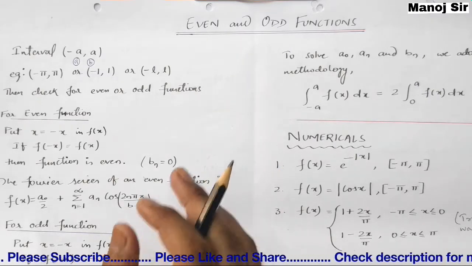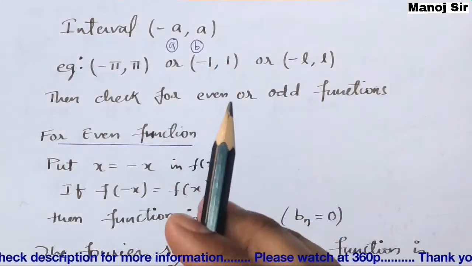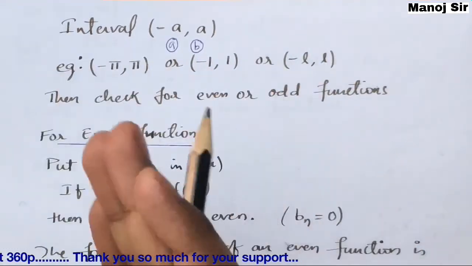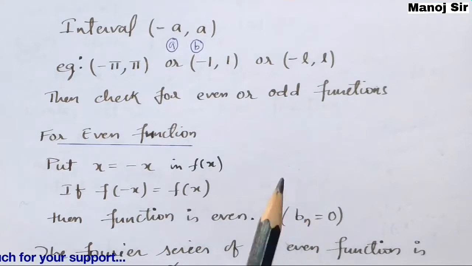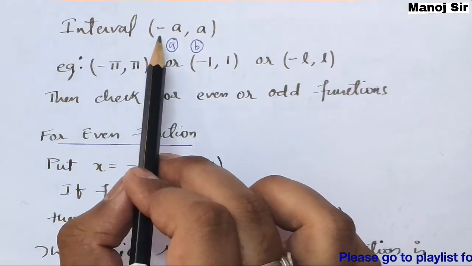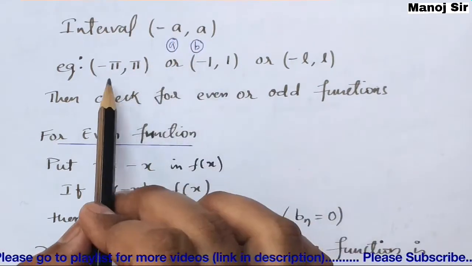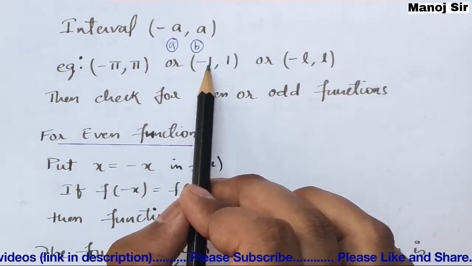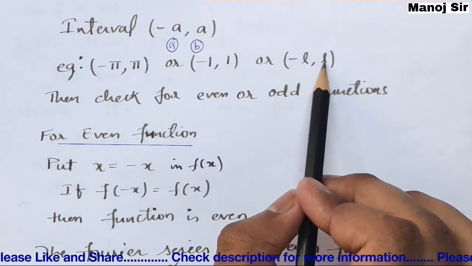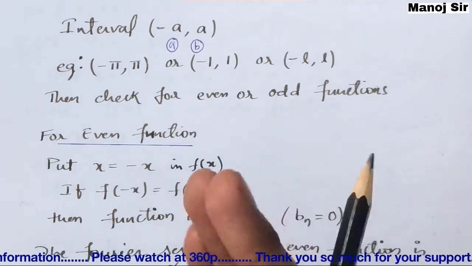So let us start with this topic, that is even and odd functions. Now let's say a problem is given. There is a function and there is an interval, and the question is to find the Fourier series of that function in that interval. Now, if the interval is like this, that is minus a to a, for example minus pi to pi, or minus 1 to 1, or minus 2 to 2, or you can say minus L to plus L, in that case only we will check whether that given function f of x is even or odd.